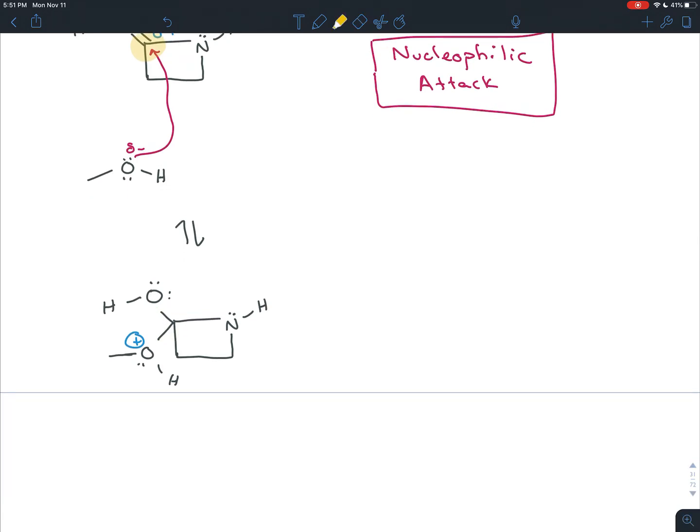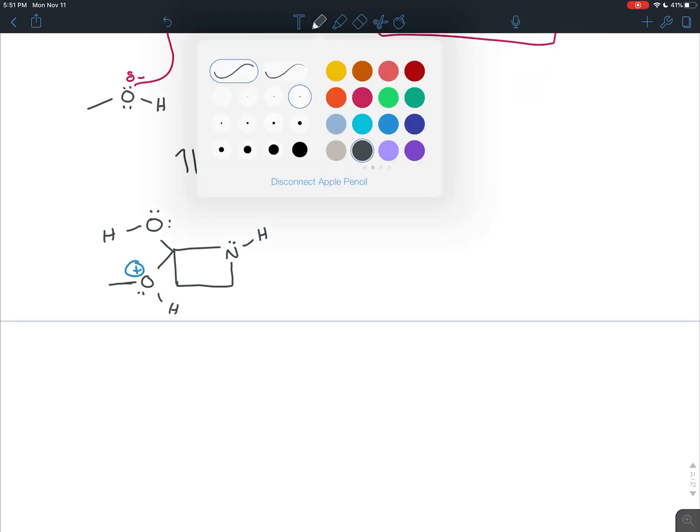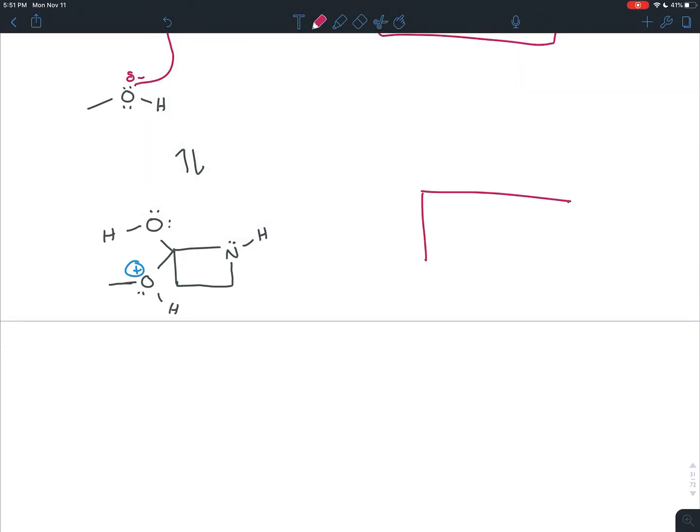Okay, well, the charge tells you what to do. We want this nucleophile to stay on the molecule, and so we want to stabilize it. So we take another methanol molecule and we do a proton transfer. Anytime you want to change the stability or reactivity of a molecule, you can do a proton transfer.